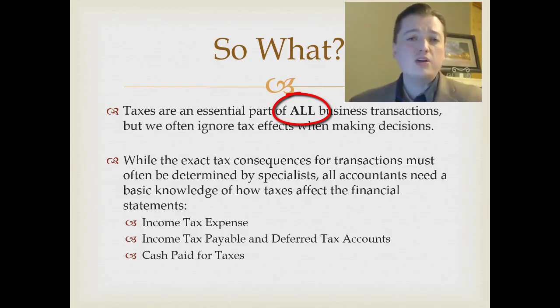Well, the truth of the matter is that's not the case. Taxes are very much a part of all business transactions, so you can't really just assume them away. And they are different for different options. Even if you think they're going to be the same, we're in a 25% tax rate period and we're just going to roll through for the next 10 years versus this other project that's 15 years, well, the tax rate could change.